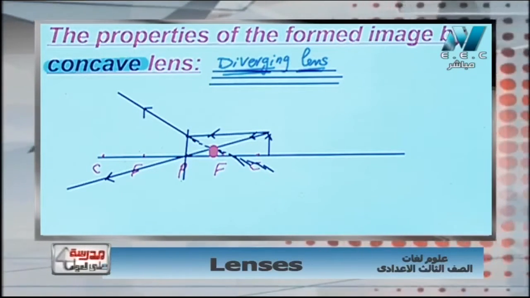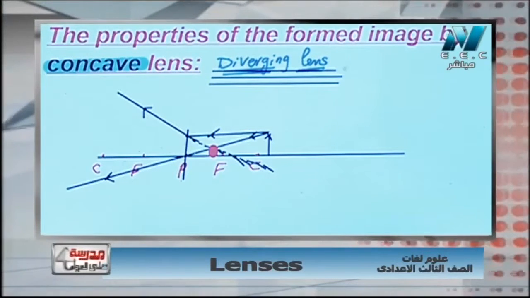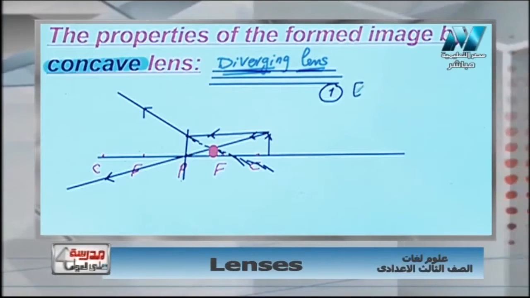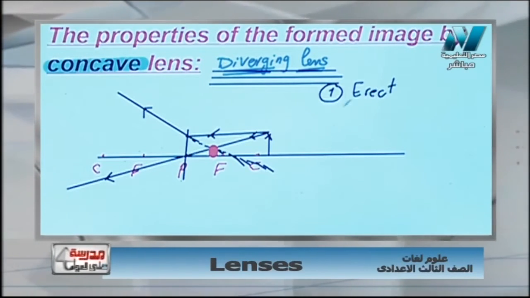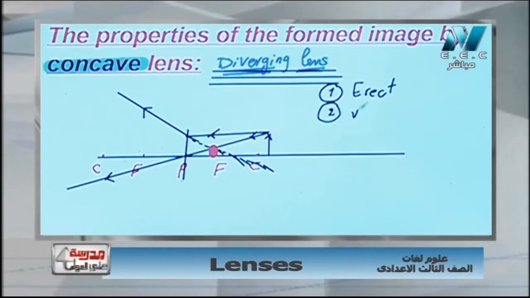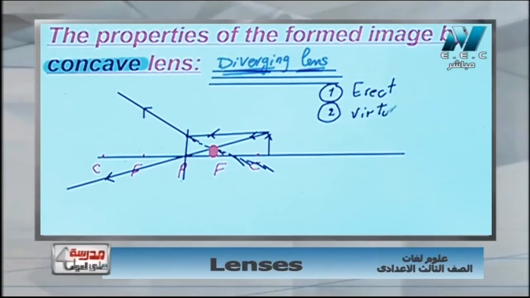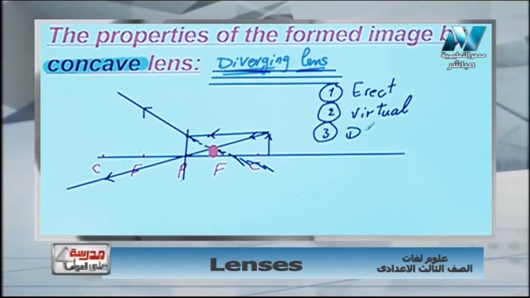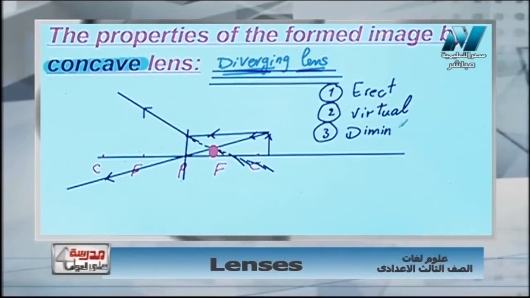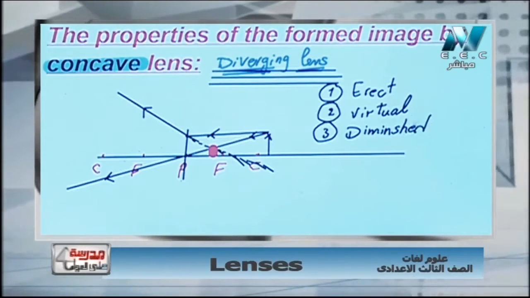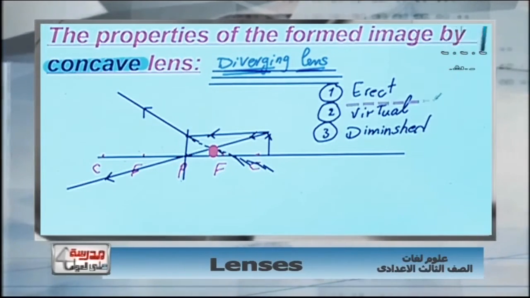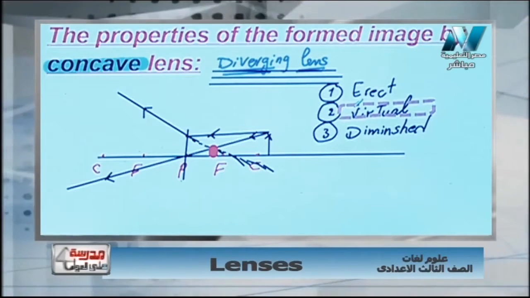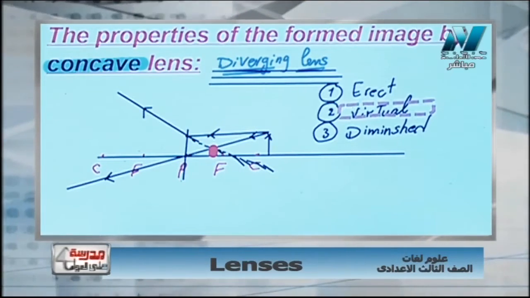So the image is, number 1, erect, يعني معدول. Number 2, the image is virtual, yes, it can't be received on the screen. Number 3, the image is diminished, أو مصغر. And this image is virtual, so we will describe its position by another object, هوصفه بحد تاني.